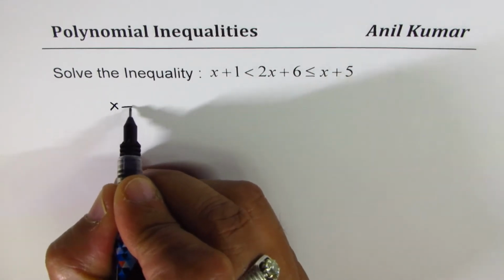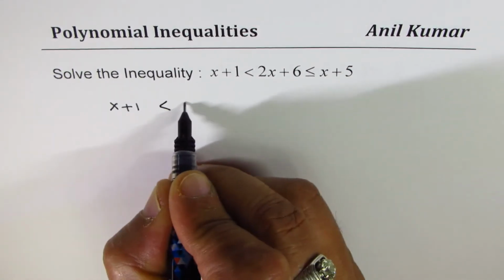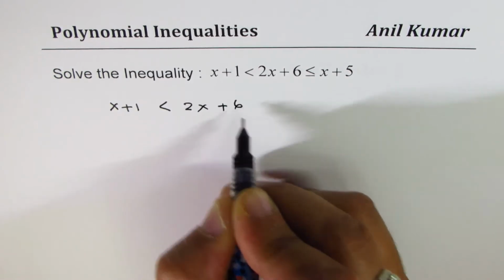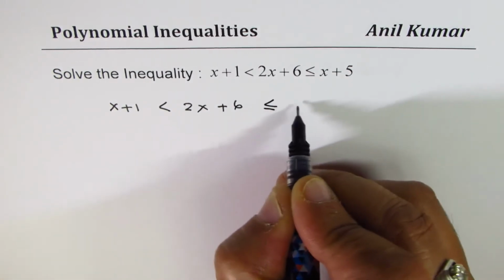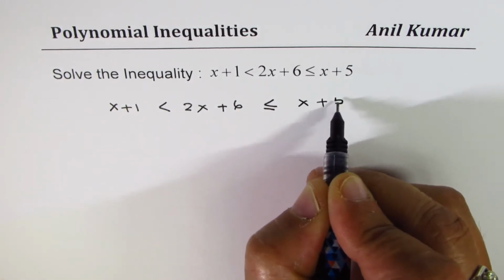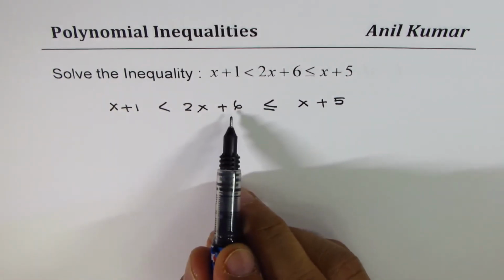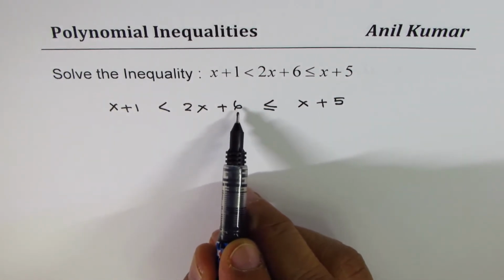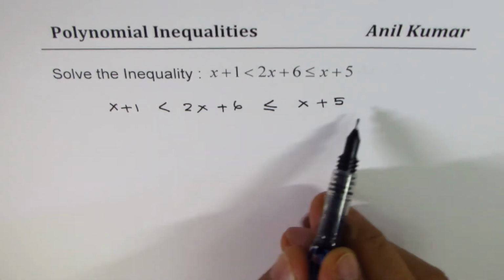So we have x plus 1 less than 2x plus 6 less than or equal to x plus 5. Now the first step is to get rid of the constant from the center, which is plus 6. So we'll do minus 6 in all the terms.